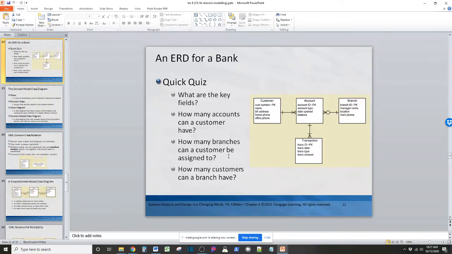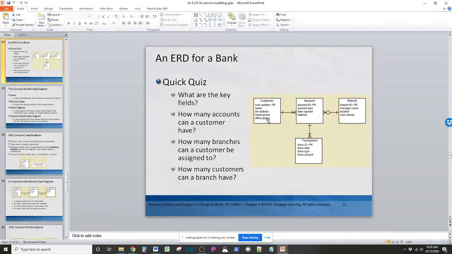How many branches can a customer be assigned to? It's a trickier question. So let's look at the branch over here, which is linked to the account, which is linked to the customer. So a branch can have many accounts, but an account can only have one branch.